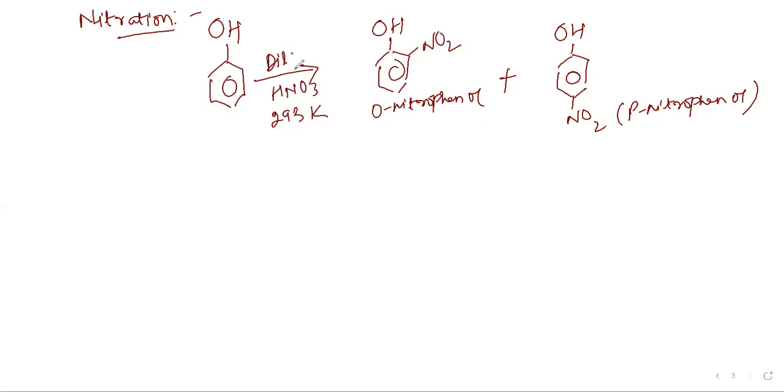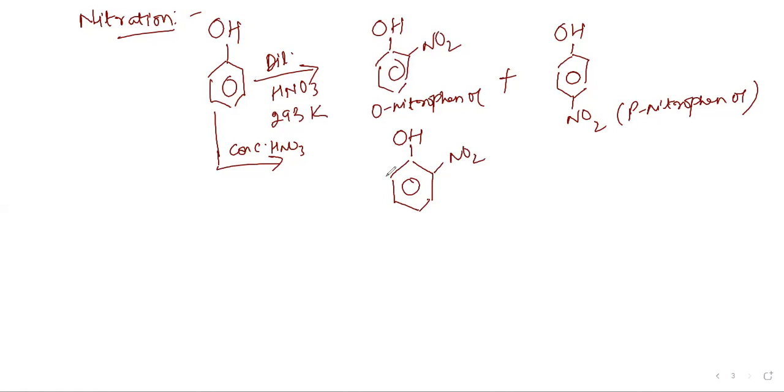Now this is with dilute nitric acid. Now let's do this reaction with concentrated nitric acid. If we treat phenol with concentrated nitric acid, what we will get is a product similar to what we got in halogenation, 2,4,6-trinitrophenol.